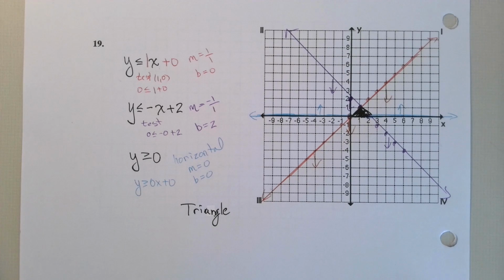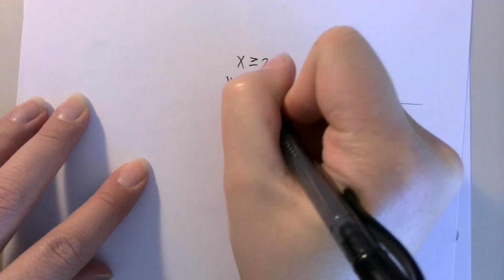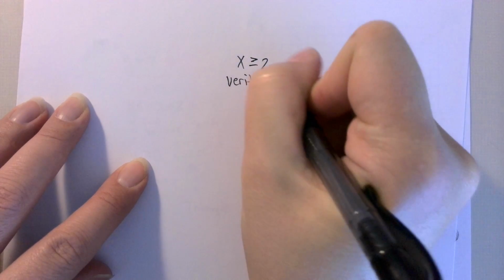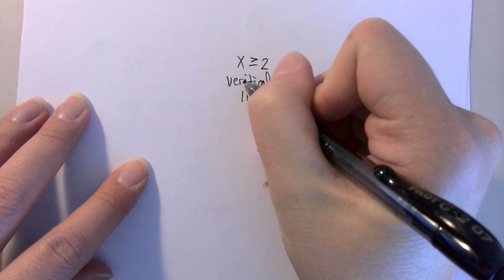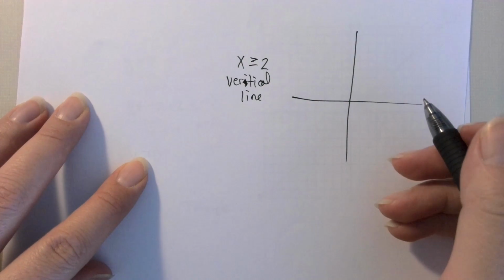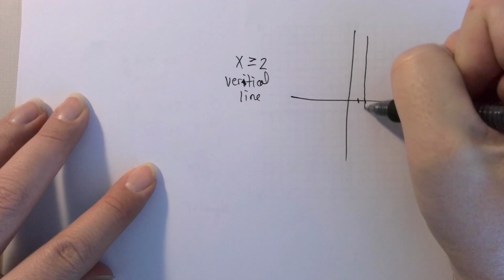All right, one thing I want to remind everyone of: if you have an inequality that says x is greater than or equal to, let me just throw this up here real quick. If I have x is greater than or equal to 2, in order to graph that, I want you to remember that that is going to be a vertical line, and it's going to cut through the x-axis at 2.